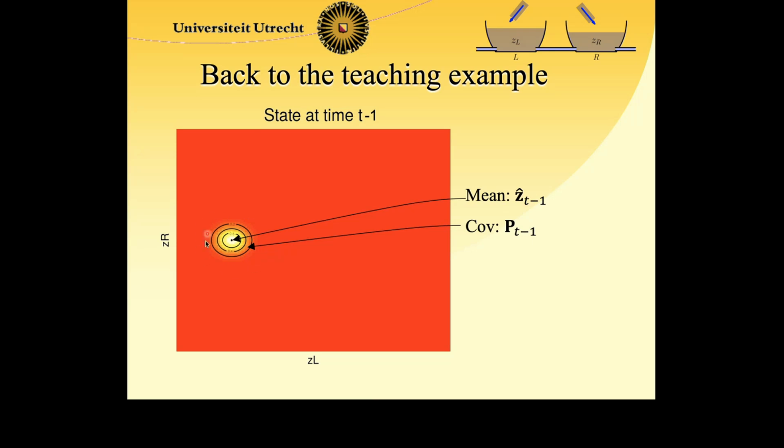This is basically a projection of the bivariate Gaussian probability density function of Z at time t minus 1, given all the observations until that time, based on this mean and this covariance matrix. You see it's rather certain here.